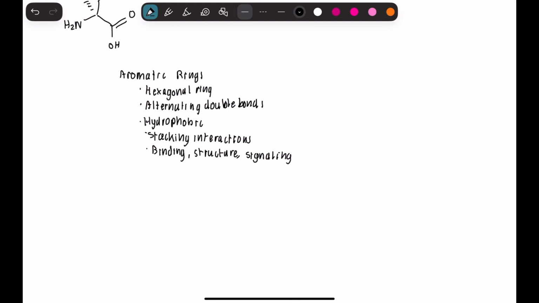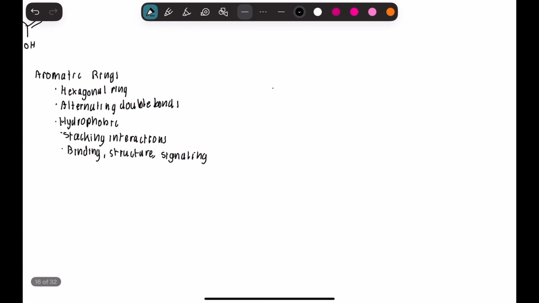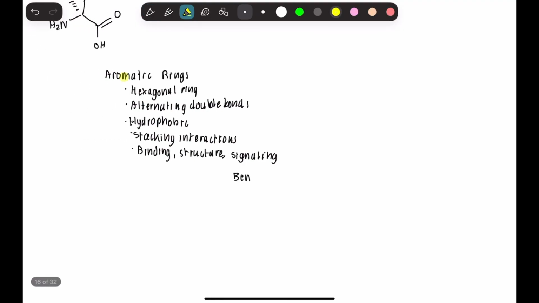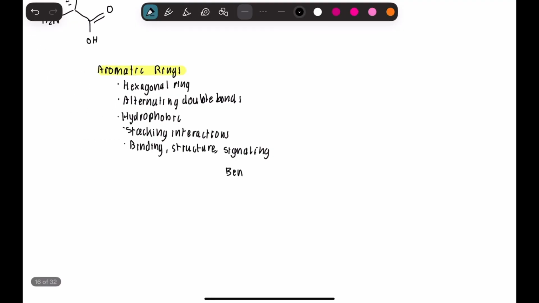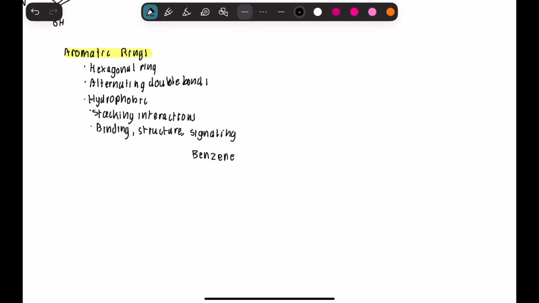So for example, highlight that, that's like benzene.